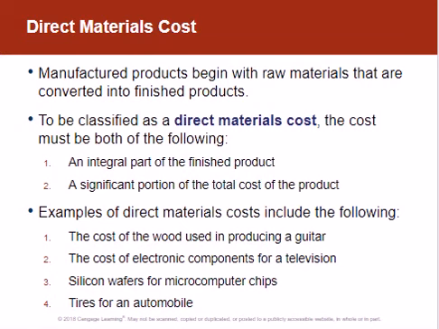Examples of direct material costs include the cost of wood used to produce a guitar, the cost of the electronic components for a television, silicone wafers for a microcomputer chip, and tires for an automobile. These are all examples of direct material cost.